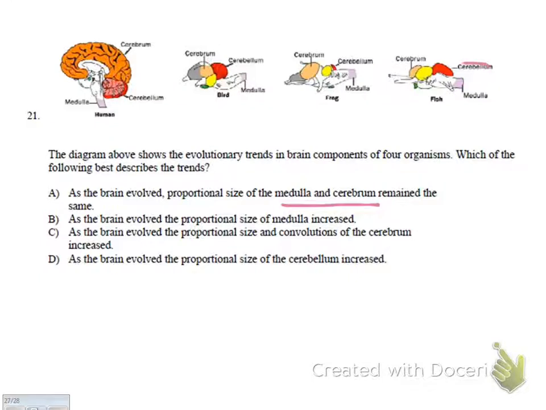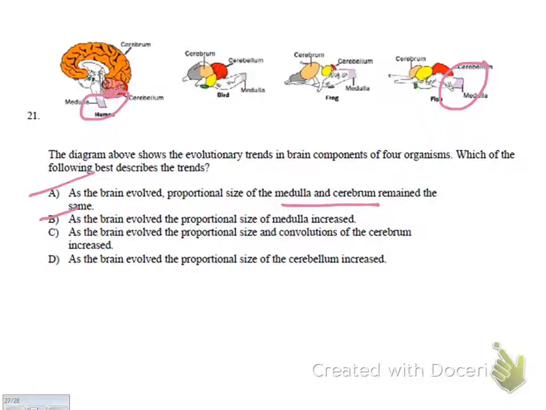If you look at the medulla, that's this part that sticks out here and here. It actually looks kind of bigger in the fish than it does in the human, and it definitely looks bigger in the frog. So A's wrong. As the brain evolved, proportional sizes of the medulla increase. Again, that one's wrong.